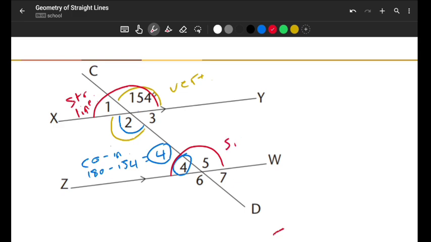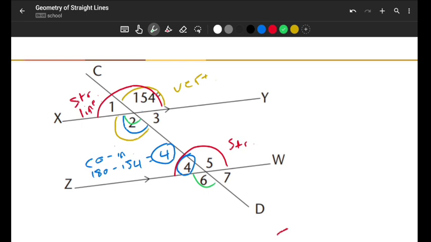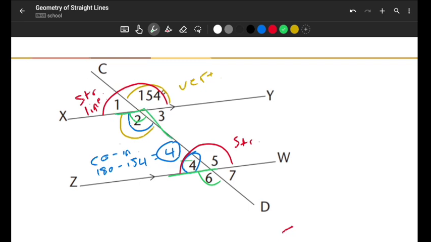Okay, I'm going to use straight line here, and then I'm going to say 2 and 6, right? We can see that little F there. Excuse my drawing. I was never good at creative arts. Then we can say corresponding angles there, right? And then lastly, it's the 7.